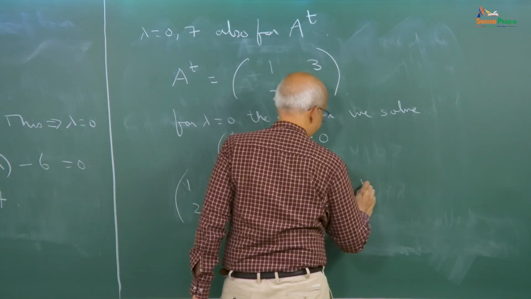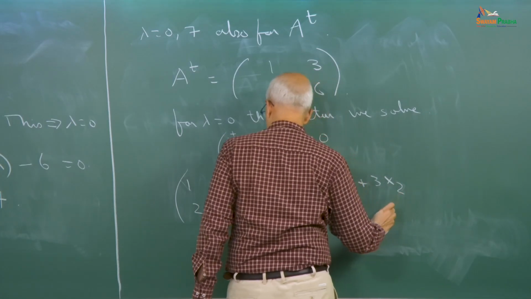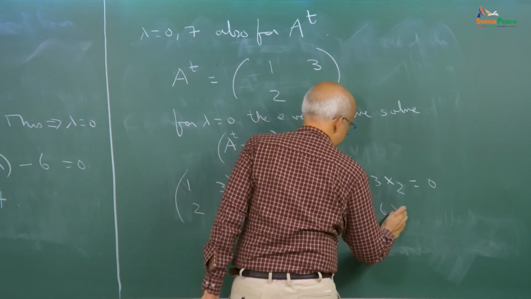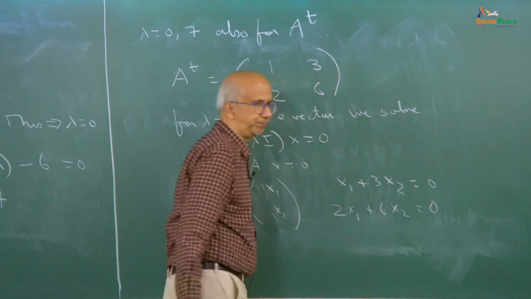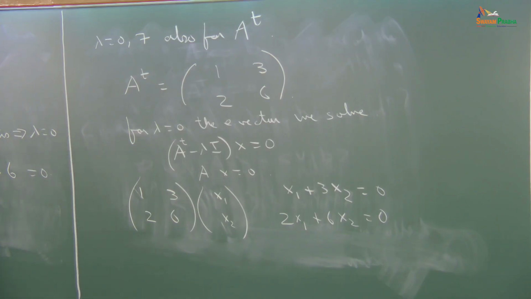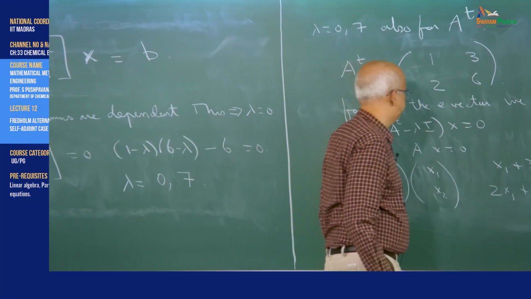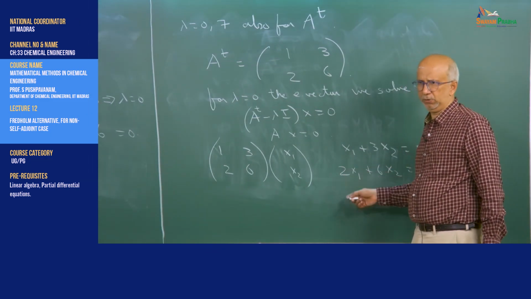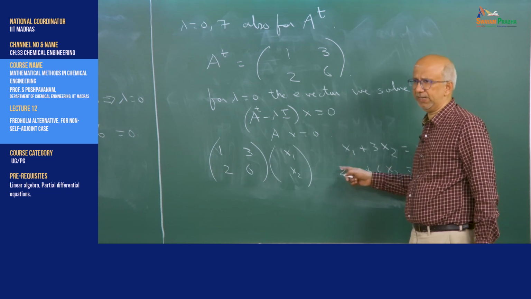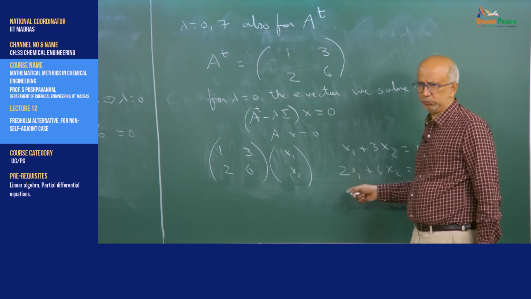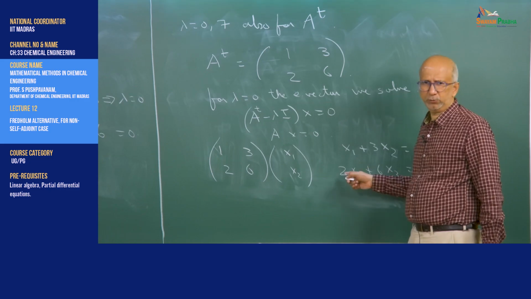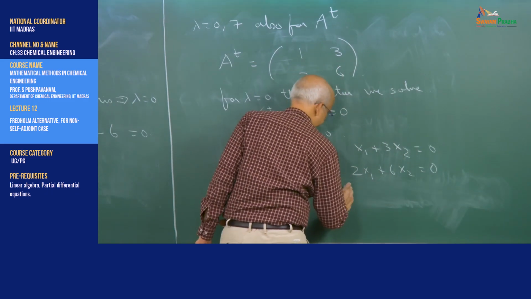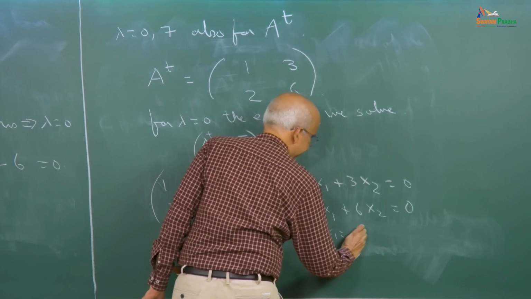I have x1 plus 3x2 equal to 0, 2x1 plus 6x2 equal to 0. So, now how do you find the eigenvector? If I have 2 independent equations I will get only 0 as the solution, but these 2 equations are identical. So, I need to work with only one of them, and I can just set x2 equal to 1 and x1 equal to minus 3.